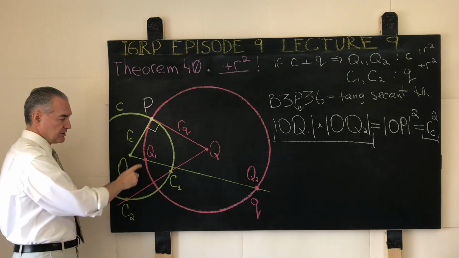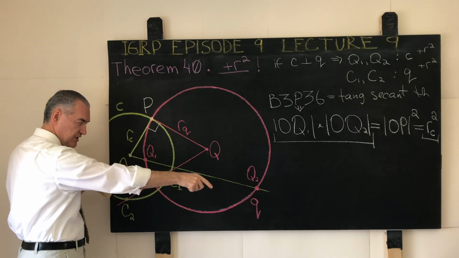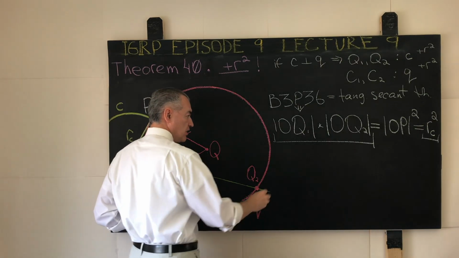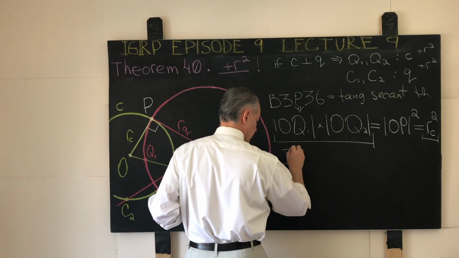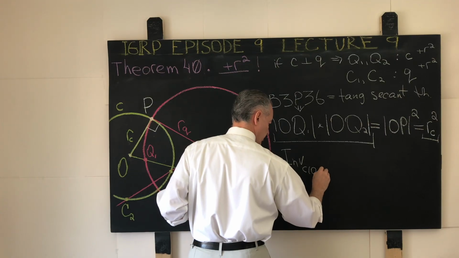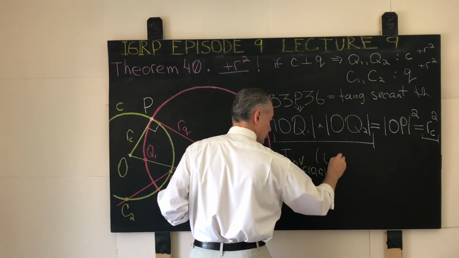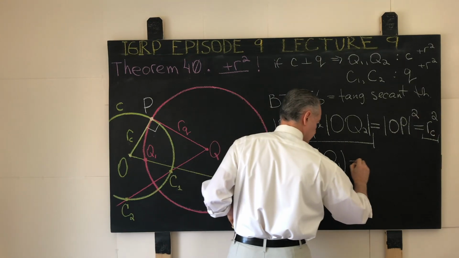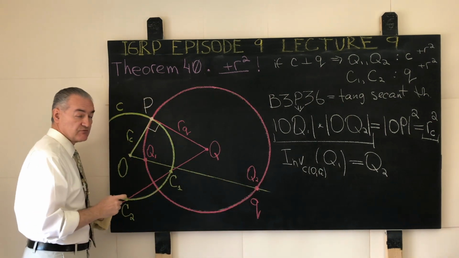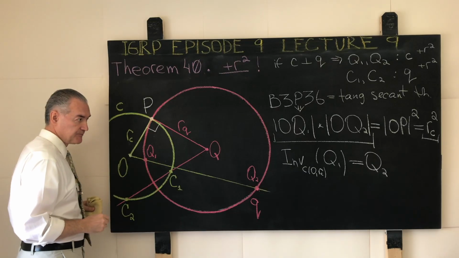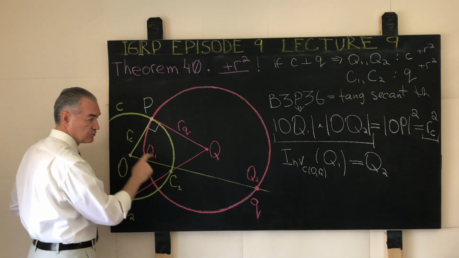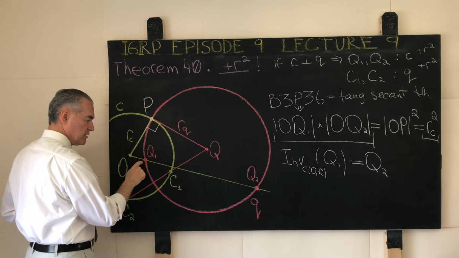And because the points Q1 and Q2 are located on the same side of the center of inversion, that precisely means that if we apply the inversion of the plane with respect to the circle centered at the point O and the radius RC to the point Q1, we will obtain precisely the point Q2, and conversely, if we apply the inversion of the plane with respect to the circle C with the radius RC to the point Q2, we will get the point Q1 again.